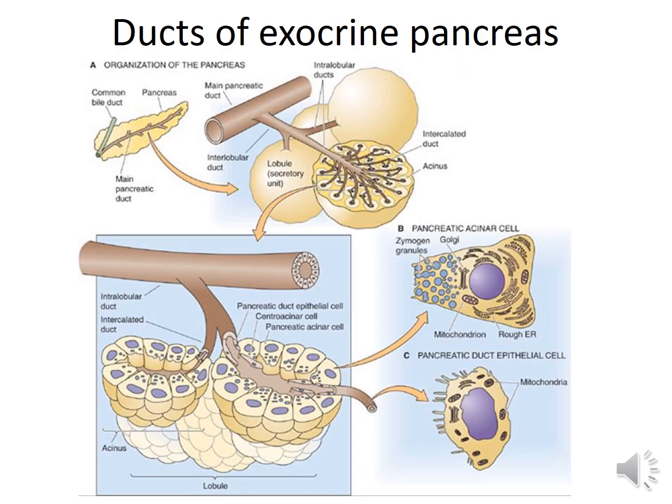Now the ducts of the exocrine pancreas consist of intercalated ducts, intralobular ducts, then interlobular ducts and the main excretory duct. Each intercalated duct, as shown here, begins within the center of the acinus.